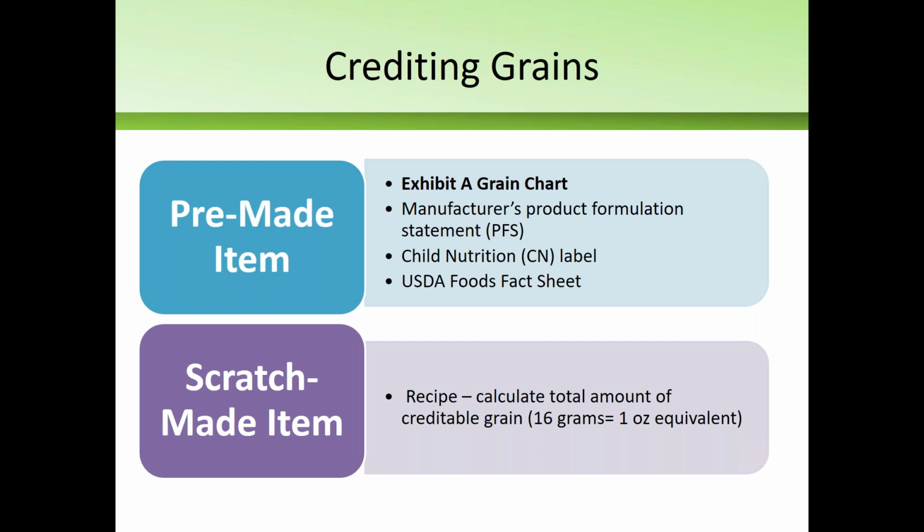And if it's a USDA food, you could refer to the USDA Foods fact sheet. We're going to spend time reviewing the grain chart, and the others will be covered in the meat alternate section. Now for scratch-made items, you will refer to the recipe where you would calculate the total amount of creditable grain per serving. And we use the conversion of 6 grams equals a 1 ounce equivalent.